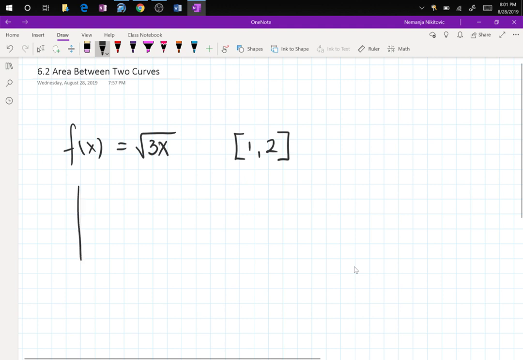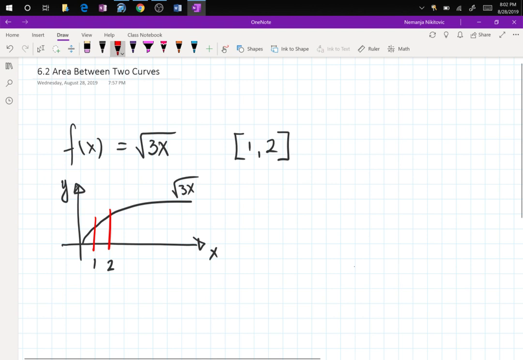We can understand this by graphing our function, square root of 3x, on the xy coordinate system, and then taking this little piece between 1 and 2, which is the piece that we want to know the area of.